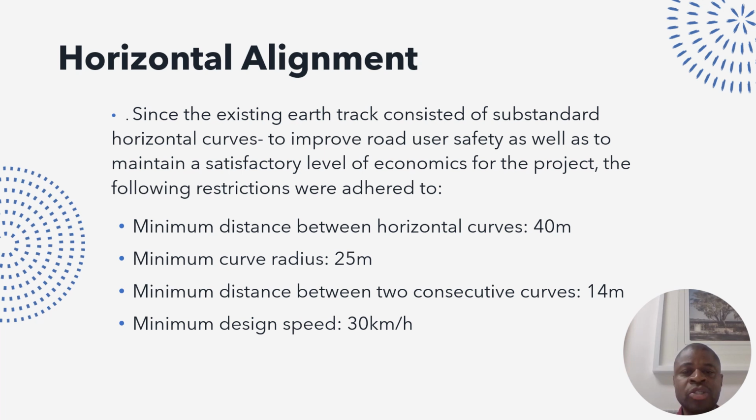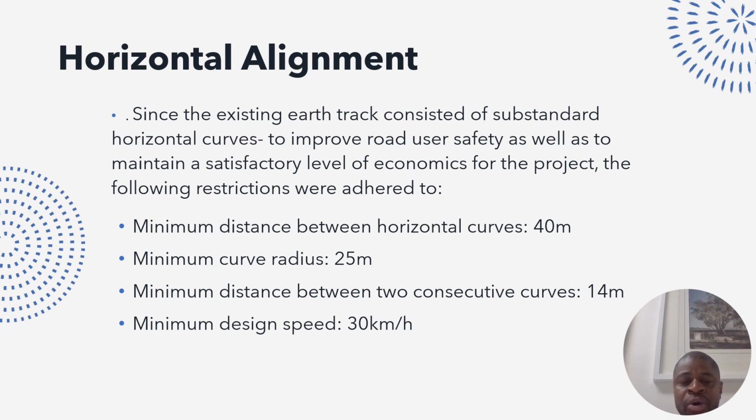The next slide is talking about the horizontal alignment. Since the existing earth track consists of substandard horizontal curves, to improve road user safety as well as maintenance safety level and economics for the project, the following restrictions were adhered to.